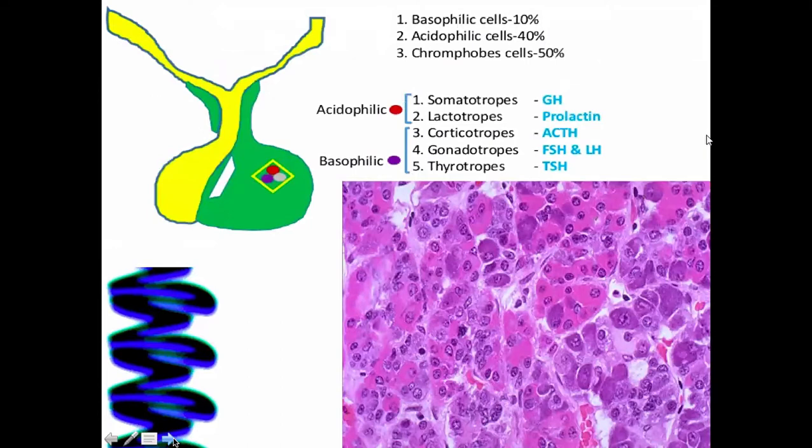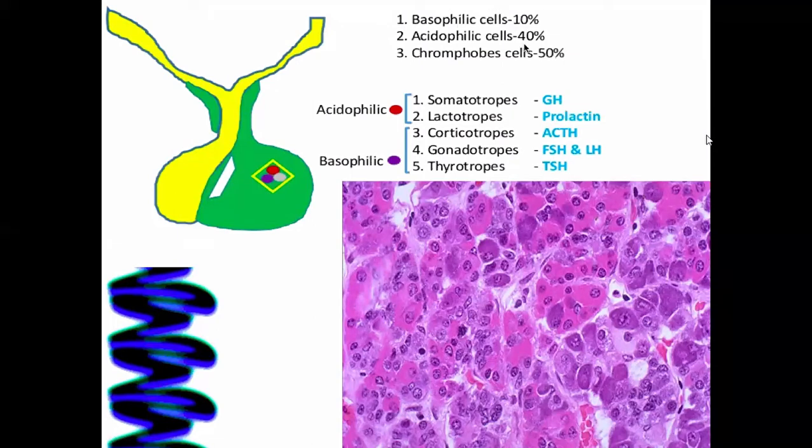Okay. So what are the cells present in the anterior pituitary gland? There are 2 types of cells present. We have the chromophobes, 50%, and the chromophils, 50%. Chromophils are divided into 2.